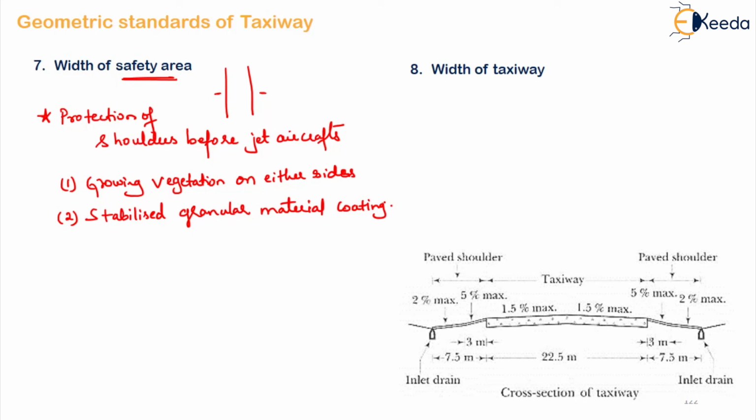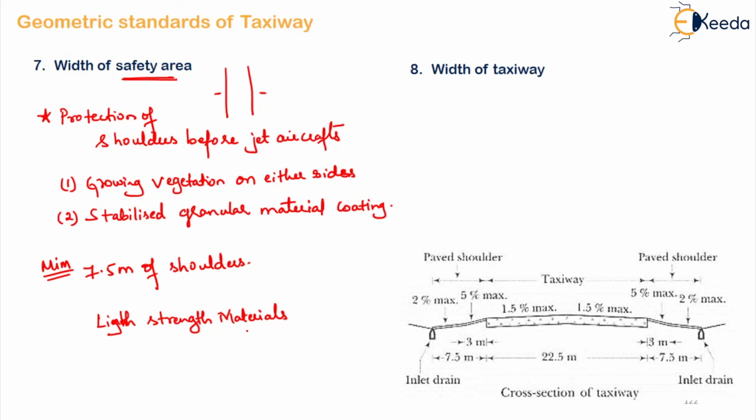Hence a minimum width of 7.5 meter of shoulder should be given on adjacent sides of your taxiways. Okay, and we have to make sure that it is paved with light strength material, and that this material should resist the airport patrol vehicles or the sweeping equipments which are coming on those.